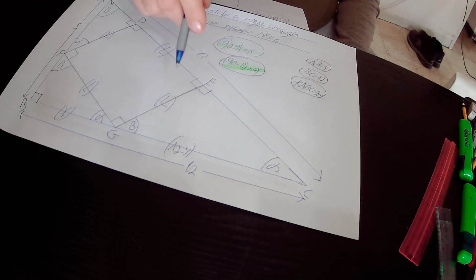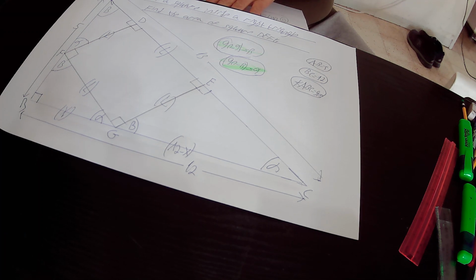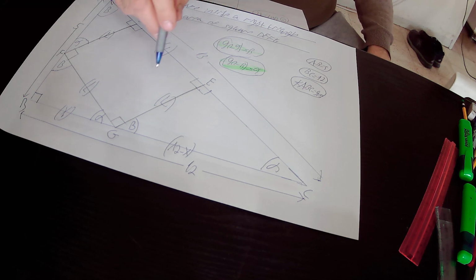GC over GE in the right triangle EGC equals AC over AB in the right triangle ABC.